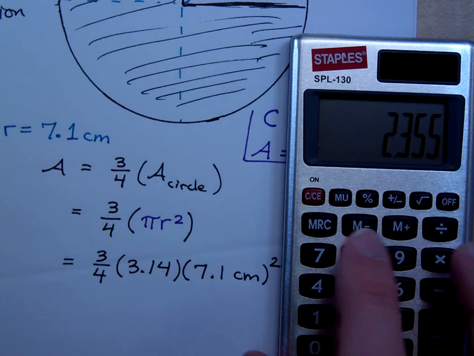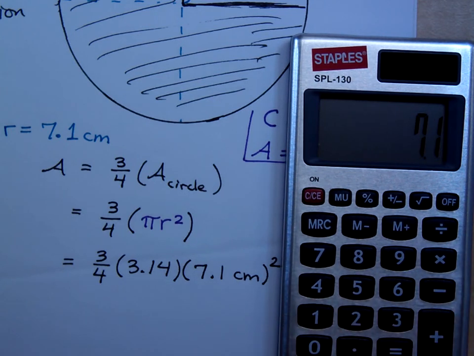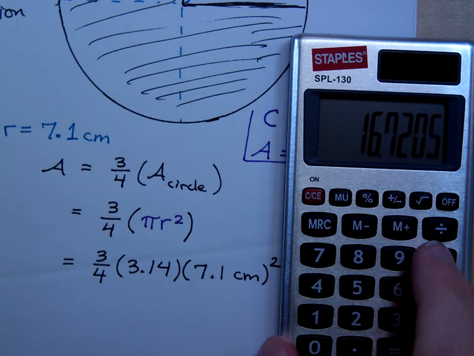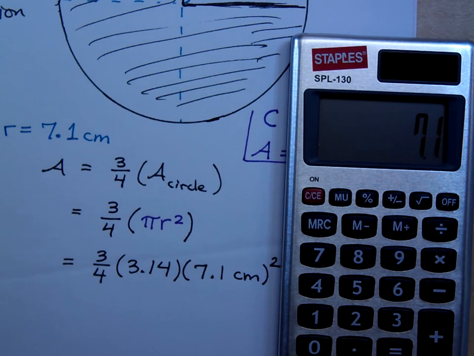What comes next? 7.1. Is that it? How do I do 7.1 squared on a non-scientific calculator? Multiply times 7.1 again, so times 7.1. And I come up with this number right here.